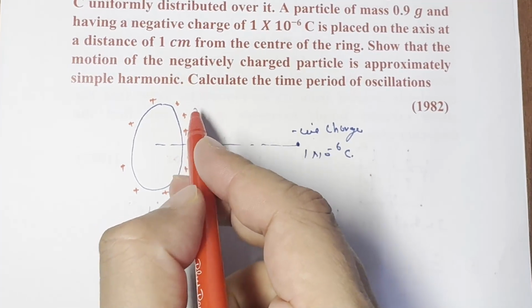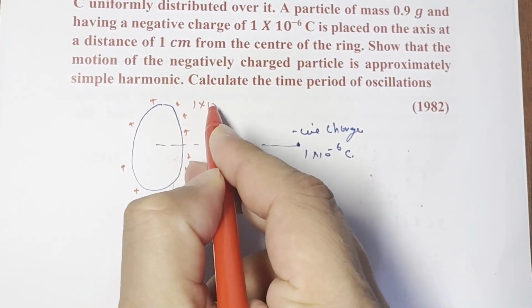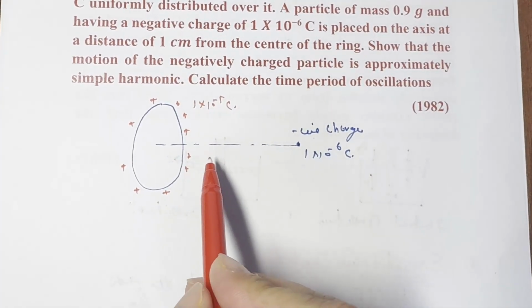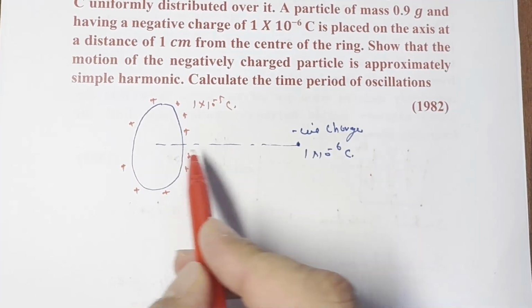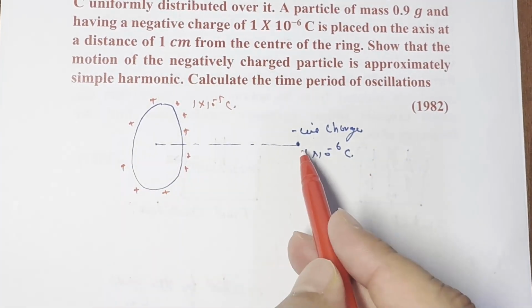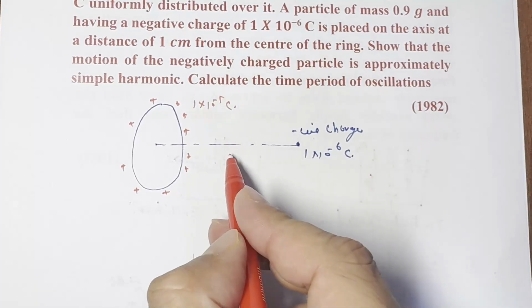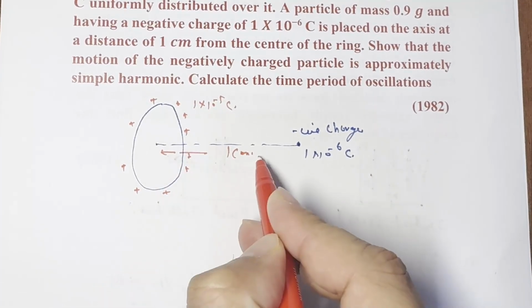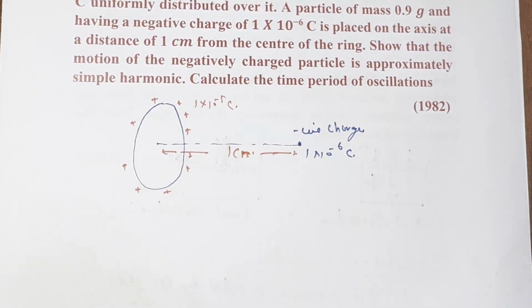Its value is given as 1 × 10^-5 coulomb. And the distance between the center of the ring and the charge is given as 1 centimeter.